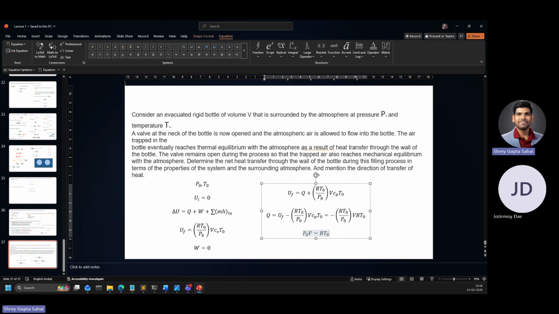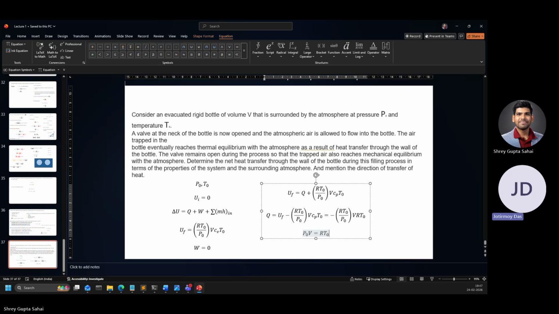Why will V come here, where V is the volume of the bottle? Because finally the gas inside the rigid tank, in the final state, is occupying that volume. The pressure is known to us as P naught and temperature as T naught. So P naught V equals R T naught.